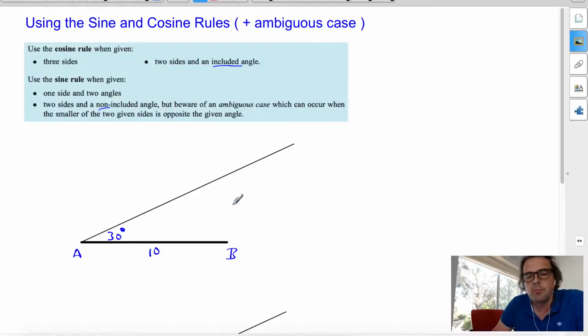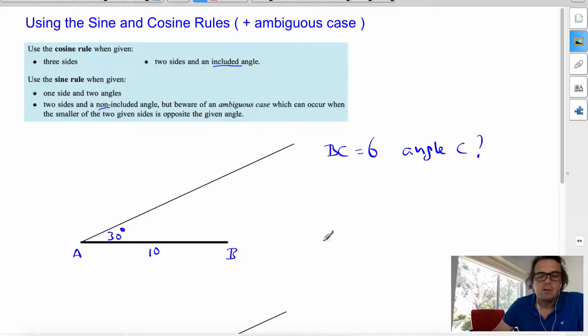Here we have a little problem. There's no triangle yet, but there's going to be a triangle A, B, and C. C is somewhere on this line, such that BC is 6. And what I want to find out is the angle at C. That's the objective, find the angle at C. So what you could do is just take a segment of length 6 and draw it in.